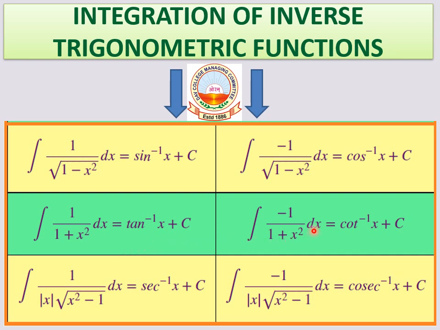Integral minus 1 over 1 plus x square dx equals cot inverse x plus c. Integral 1 over mod x under root x square minus 1 dx equals secant inverse x plus c. Integral minus 1 over mod x under root x square minus 1 dx equals cosecant inverse x plus c.